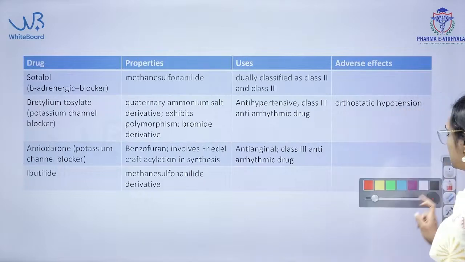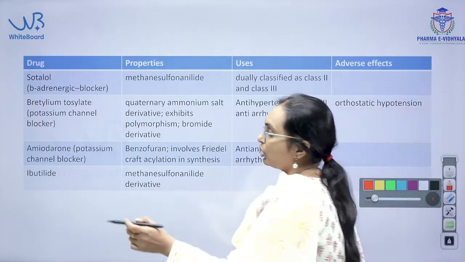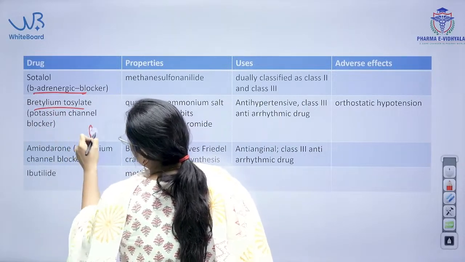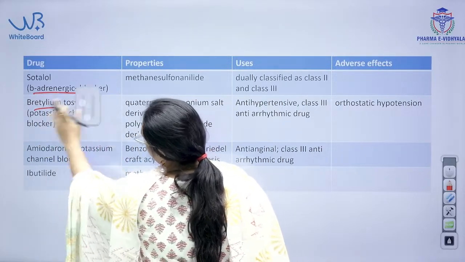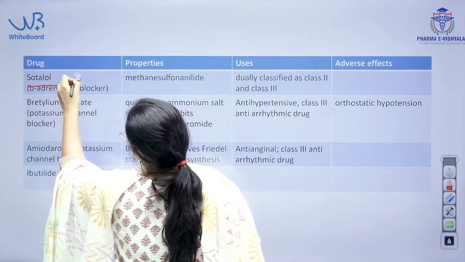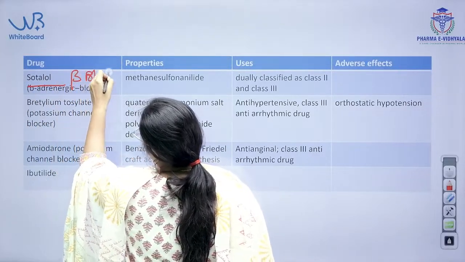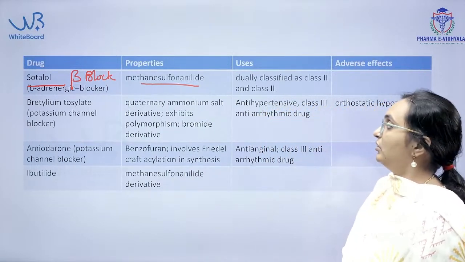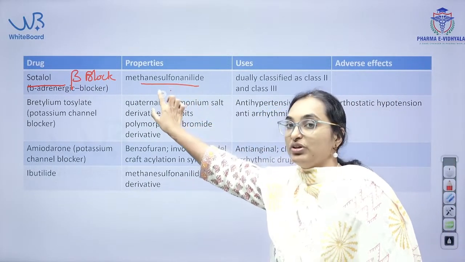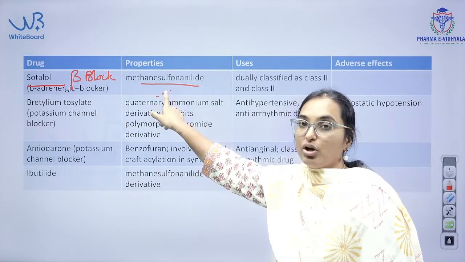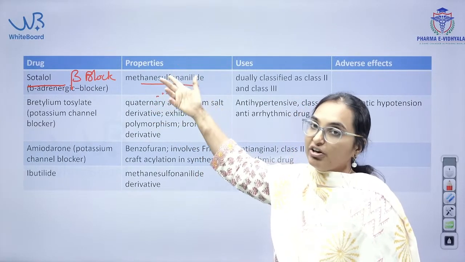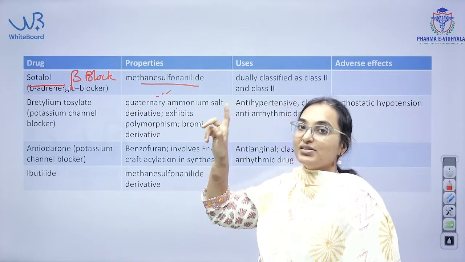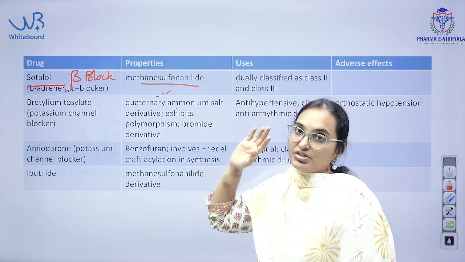Next, what does sotalol come under? Beta blocker. Sotalol is a beta blocker, a methane sulfonanilide. Which antiarrhythmic beta blocker has a sulfonyl group in its structure?